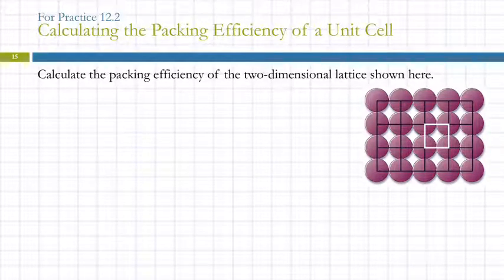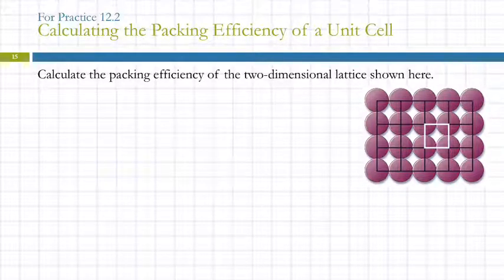So here's a practice problem. Calculate the packing efficiency of the 2-dimensional lattice shown here. Calculate the packing efficiency. Well, what is the packing efficiency? It's the percentage of the whole thing that's occupied by the spheres or the atoms, right?